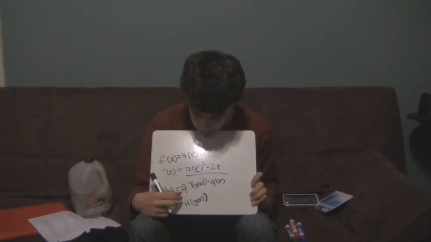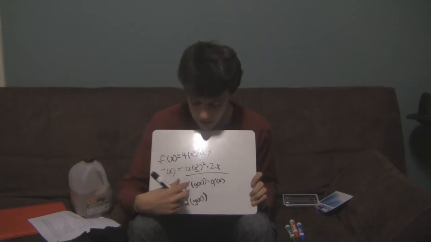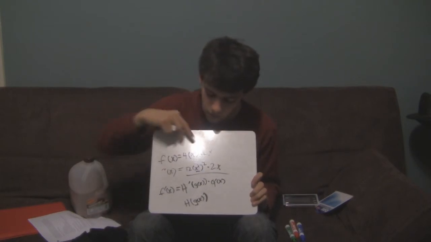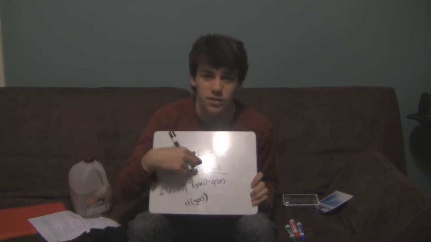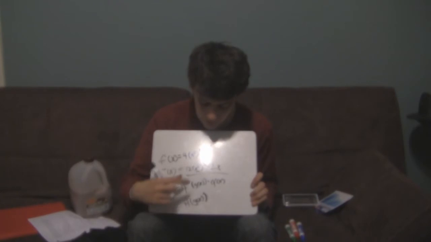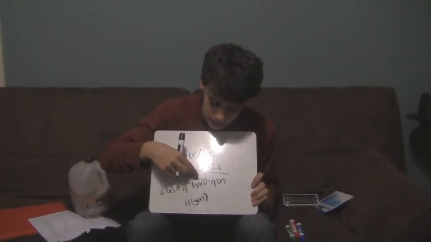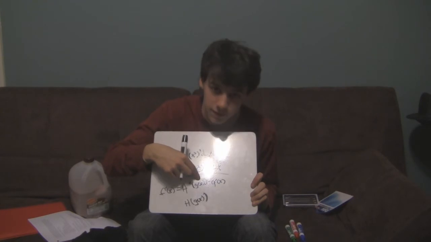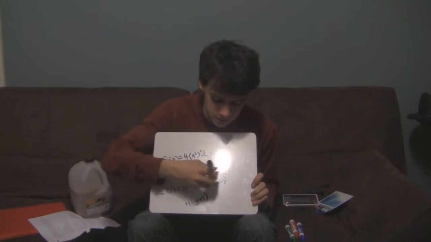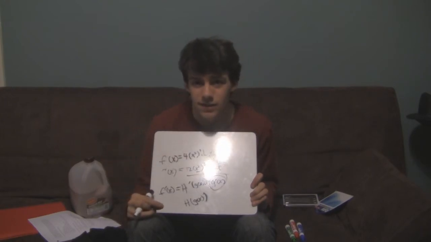Then you find the derivative of the outside, the 4 and the 3, which would be 12 and 2 up here by using the power rule. And then you multiply it by the derivative of g of x, which is x squared, giving you g prime of x right there.